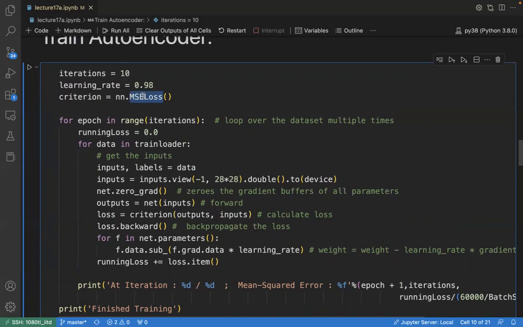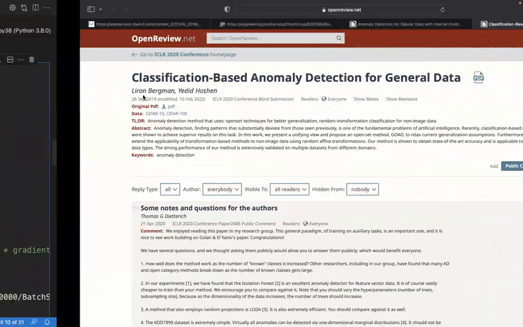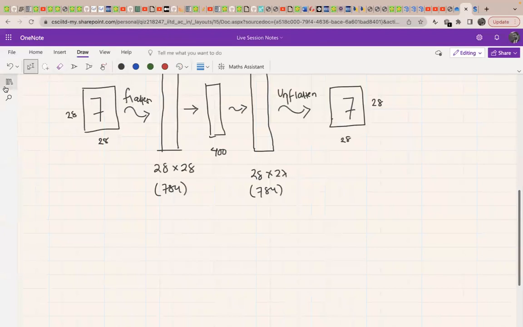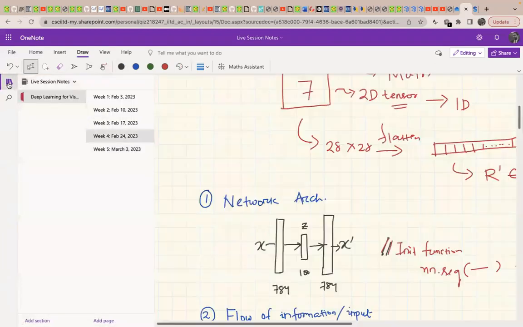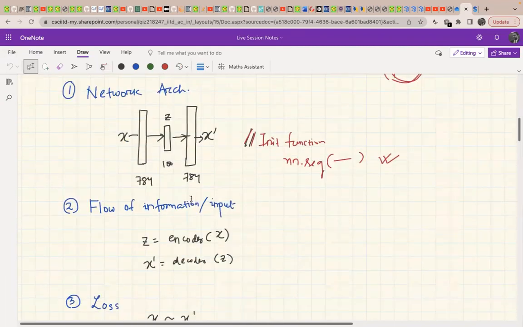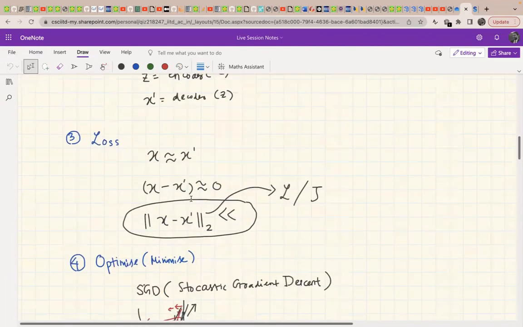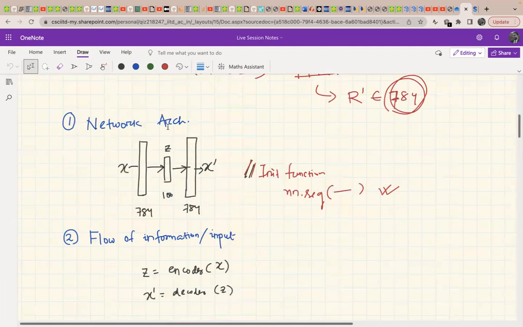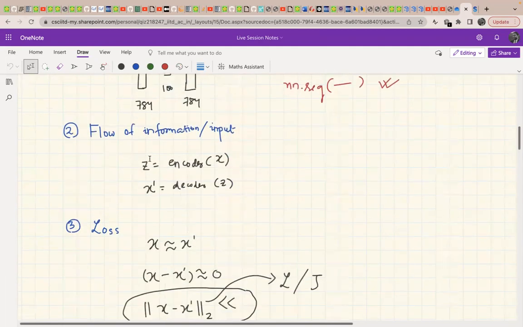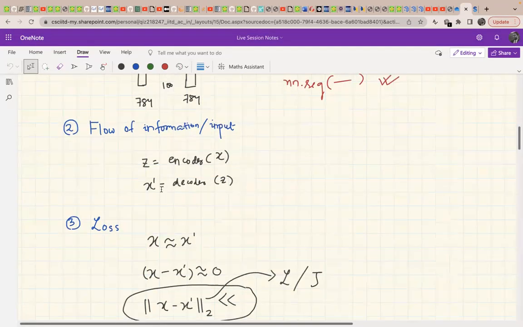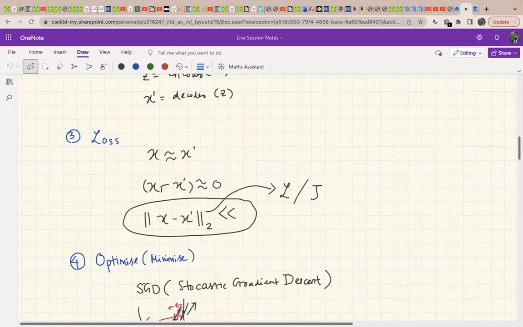So if you recall, in the last class, I told about what are the 4 steps that we need while training a neural network. First is the network architecture that we defined earlier. Then the flow of information, like how the information should flow. It should pass to the encoder, and it should be getting decoded. Third thing is the loss. We need to define a loss, or you can say the cost function.